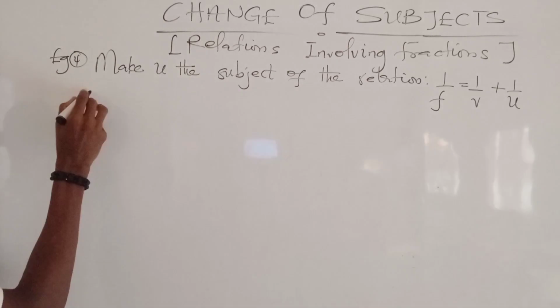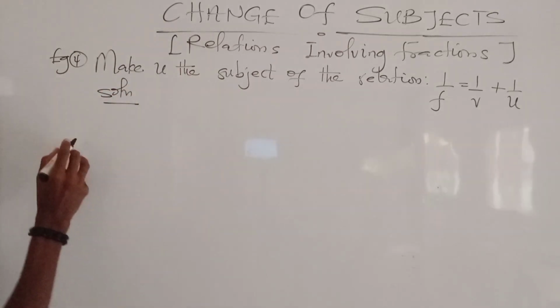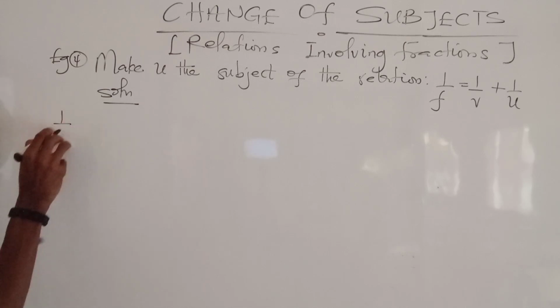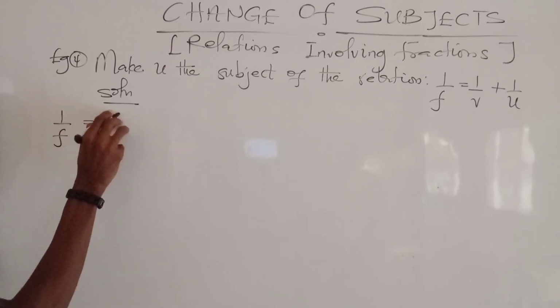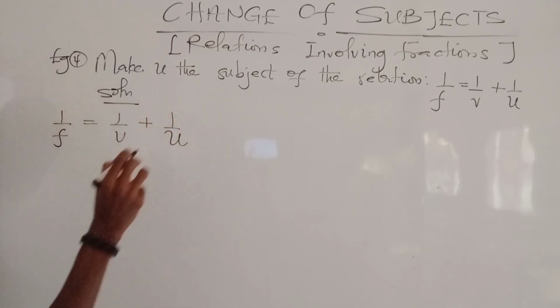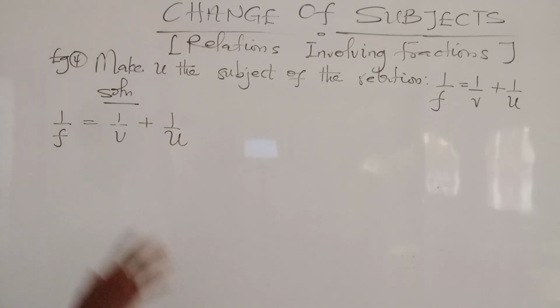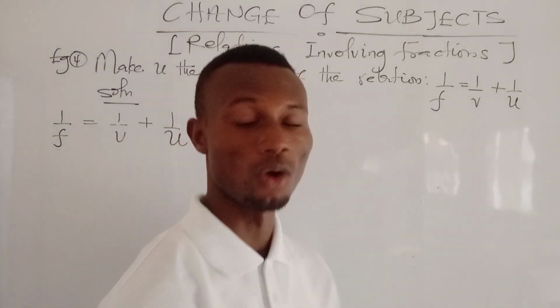I'm going to write down my solution, repeating the equation given: 1 over F equals 1 over V plus 1 over U. We have to make U the subject of this given equation or relation.